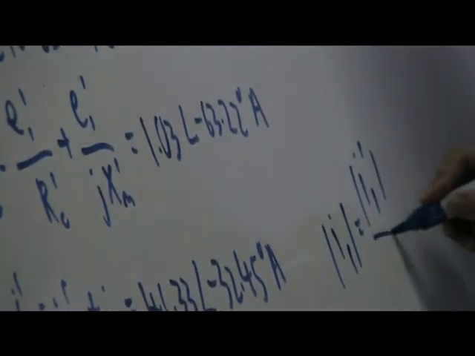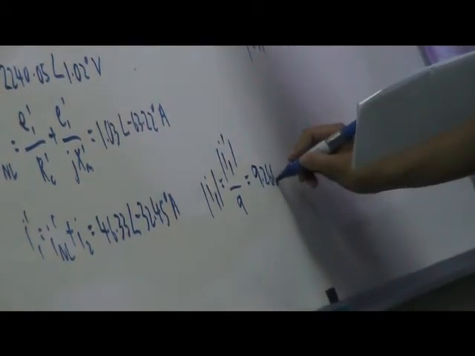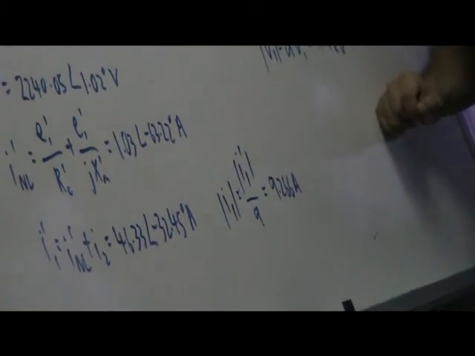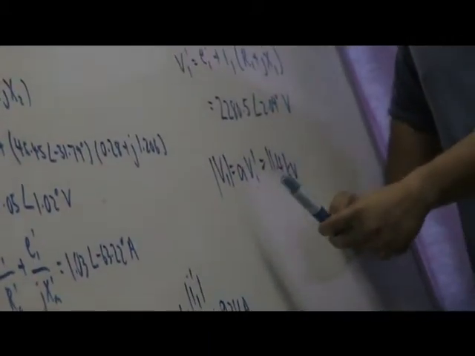And for the current, I1 equals I1 prime over A. When the question says find the voltage and current, they usually want the magnitude only. The angle is not so important. So just the magnitude that counts.